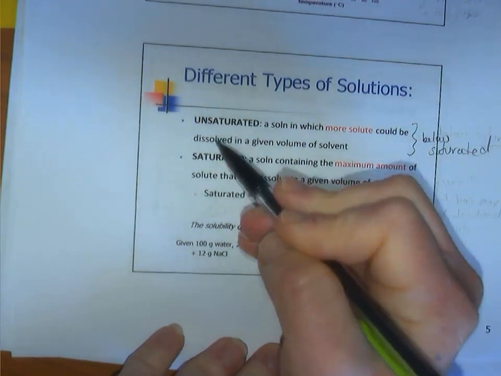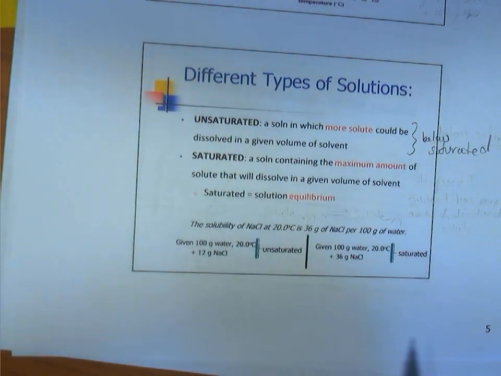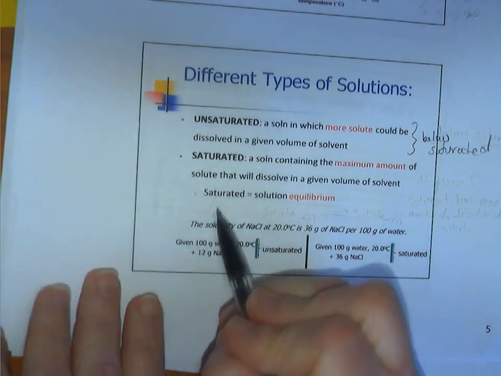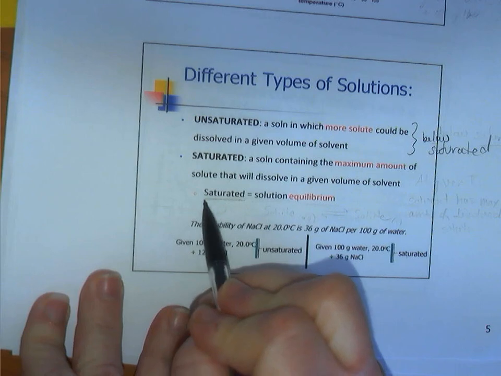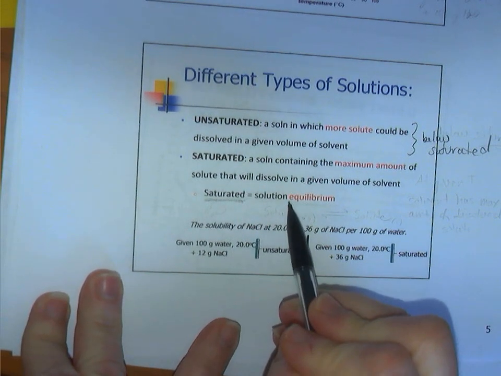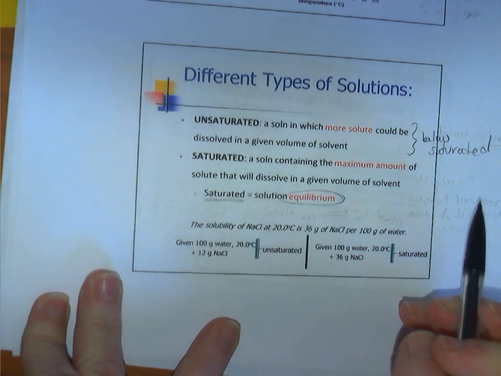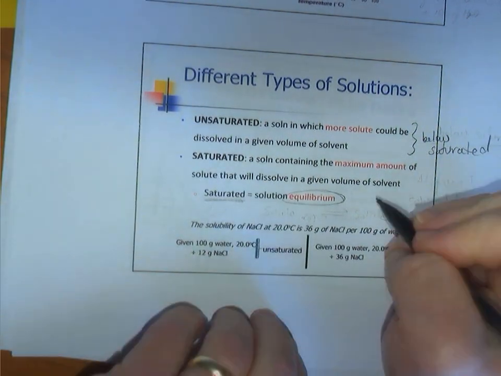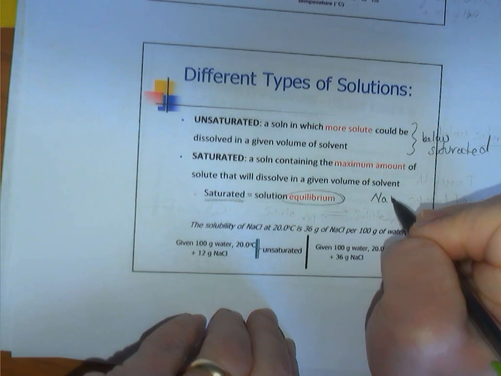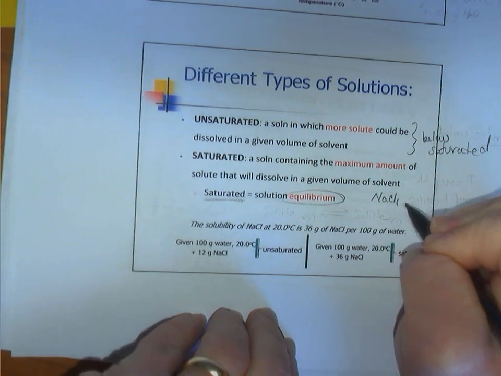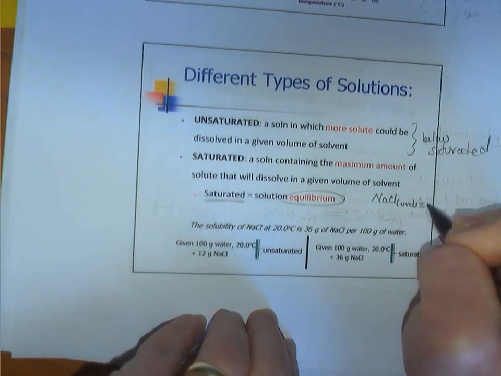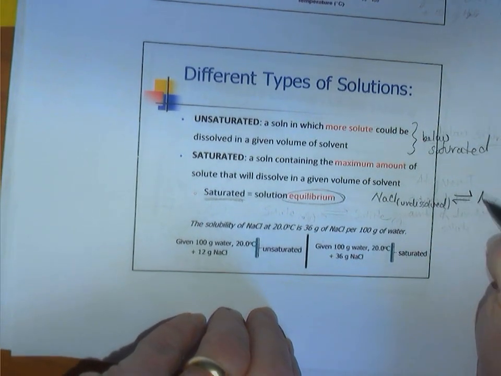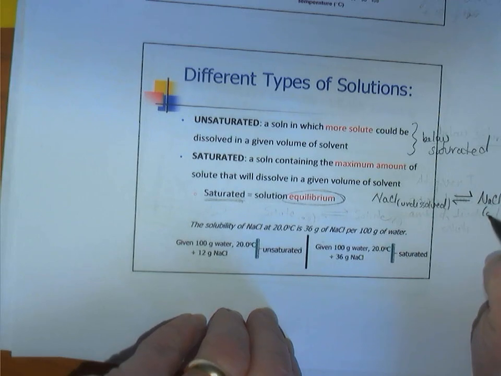Now, this is always per a given temperature. If you have a saturated solution, we say the solution is in equilibrium. You are balanced between sodium chloride that is undissolved, that is in equilibrium with the sodium chloride that is dissolved.